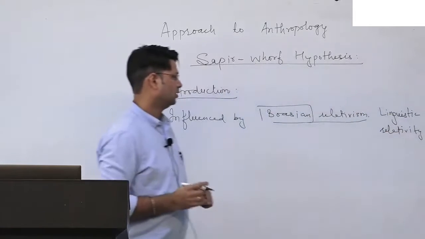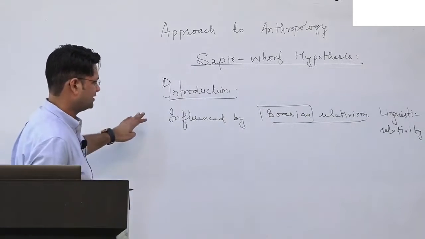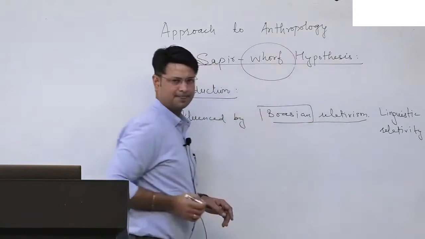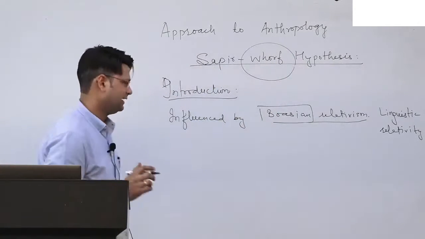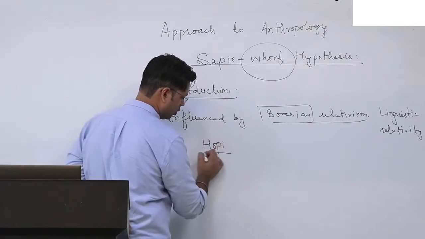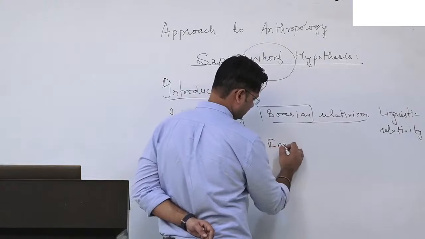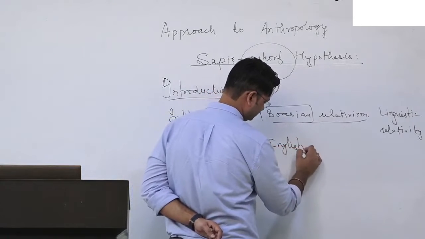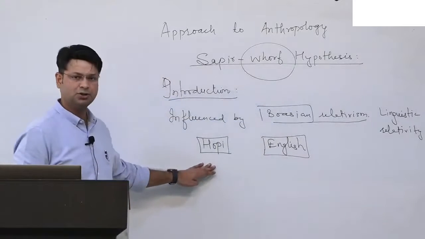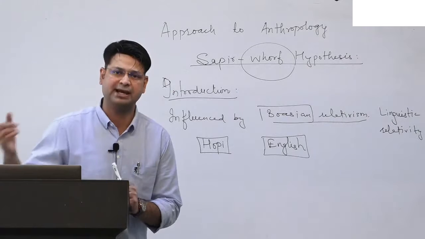Right. Okay. So this is this hypothesis. Now, how can we say that it is really happening, what is the basis? So Whorf studied Hopi language speakers, right? The Hopi language of North America, and he compared it with English, right? He says that Hopi speakers do not have a sense of time.